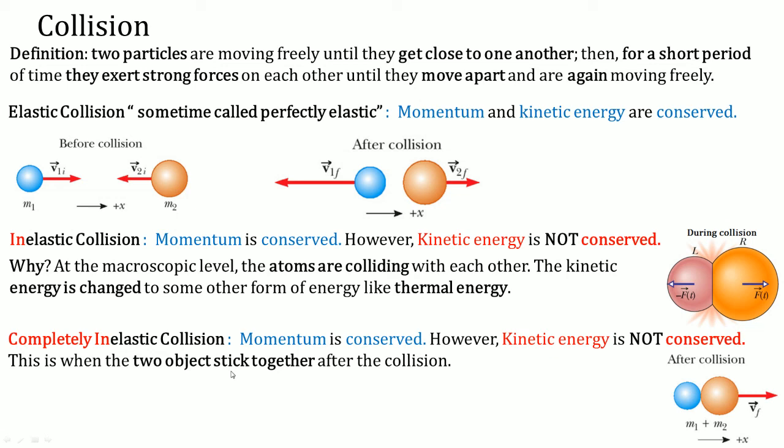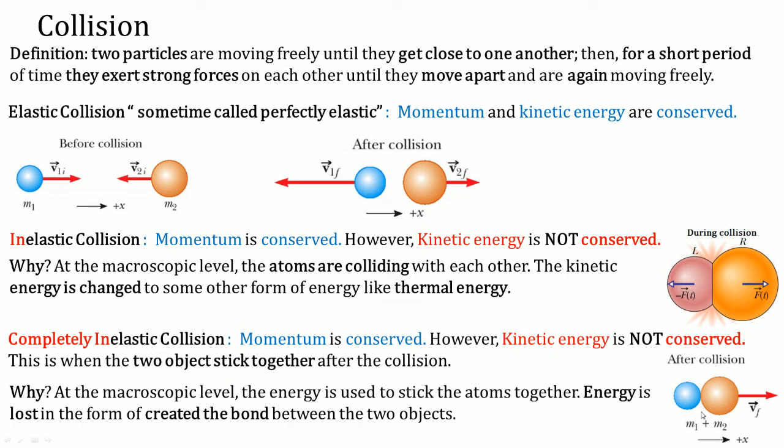The reason why is because at the microscopic level, at the atoms, the energy is used to stick the atoms together. So the energy from the kinetic energy is transformed to create the bonds to link the two objects together.